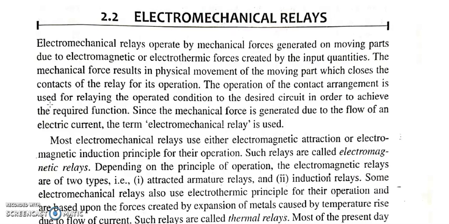So these mechanical forces will create a physical movement over the moving part, which will close the contacts of the relays for its operation. So here you can see the desired circuit is operated depending upon the required function.